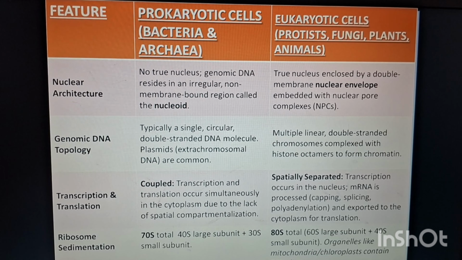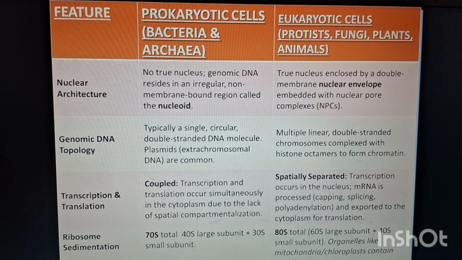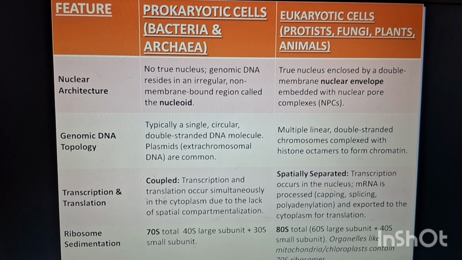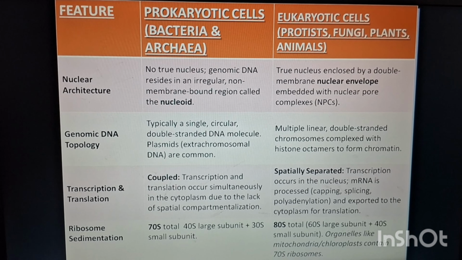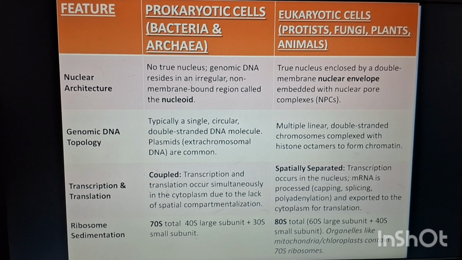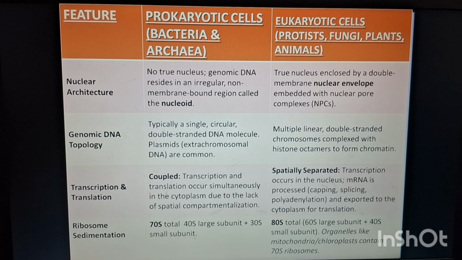Next, the difference between prokaryotic and eukaryotic cells. Examples of prokaryotic cells are bacteria and archaea, and eukaryotic cell examples are protists, fungi, plants, animals. First feature, nuclear architecture.